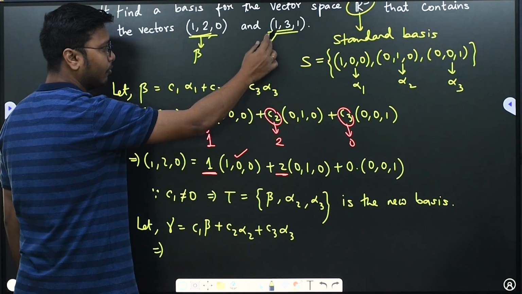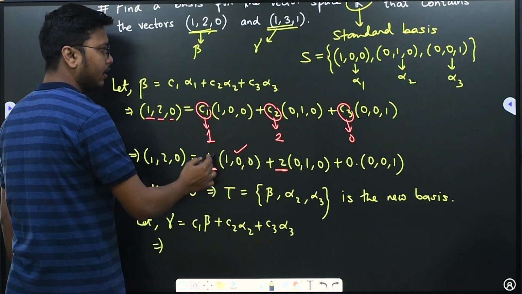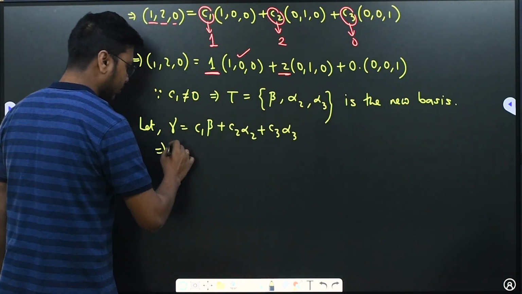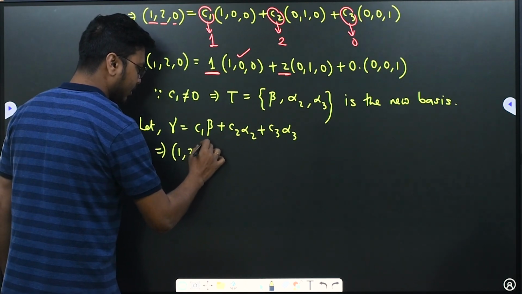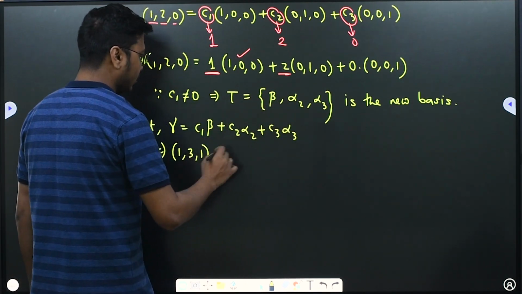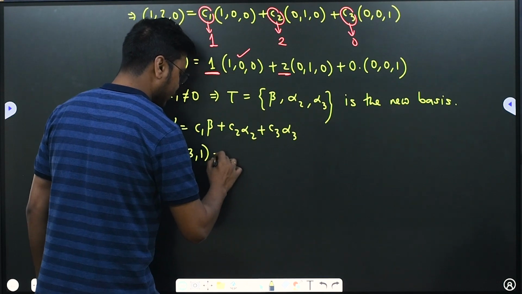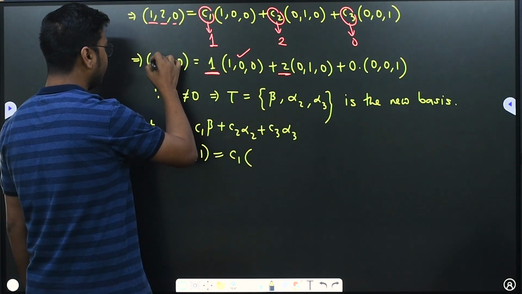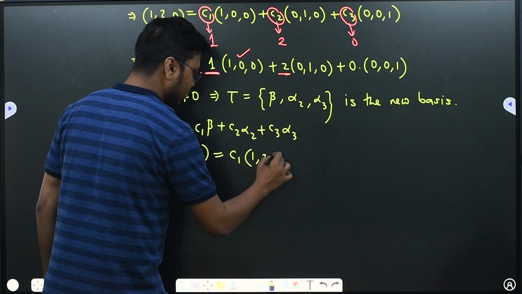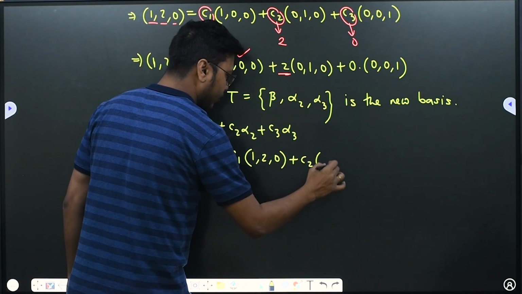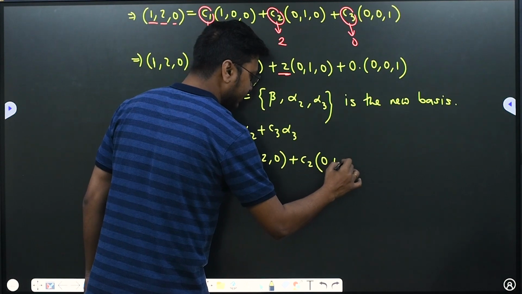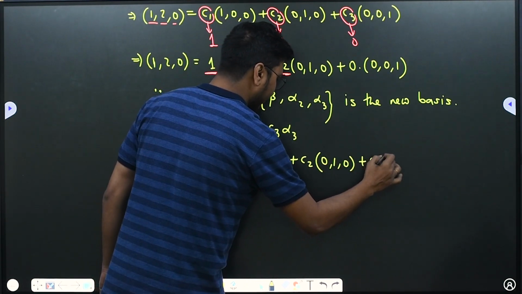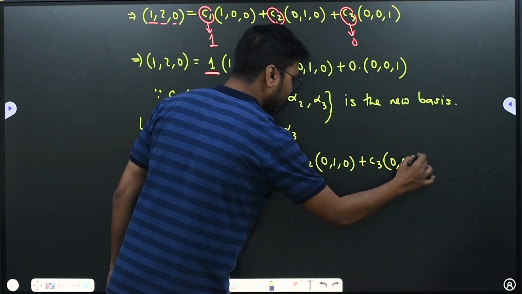The value of gamma was (1, 3, 1), so I'll put those values. C1 value I need to find out. Beta value is (1, 2, 0), alpha 2 value is (0, 1, 0) and alpha 3 value is (0, 0, 1).